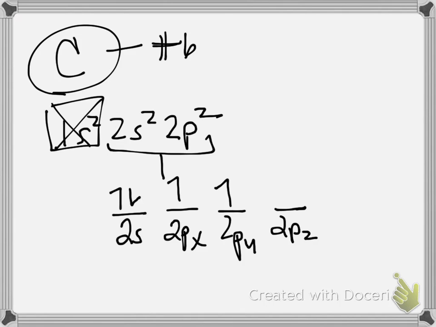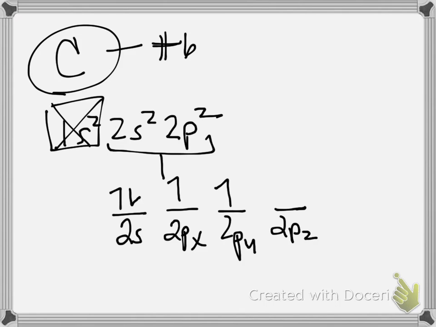So how many bonds does that look like it's going to form? How many orbitals right off the top? We know carbon forms 4 bonds, we know the punchline.